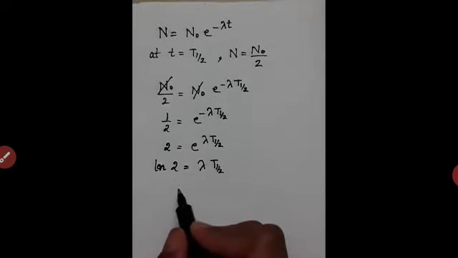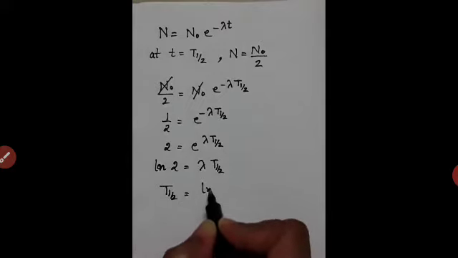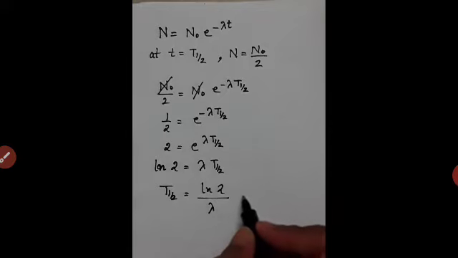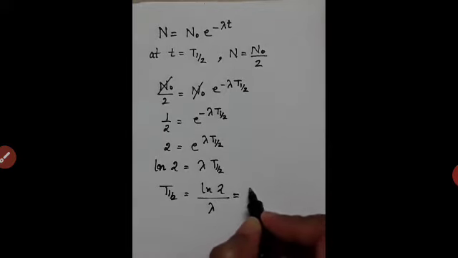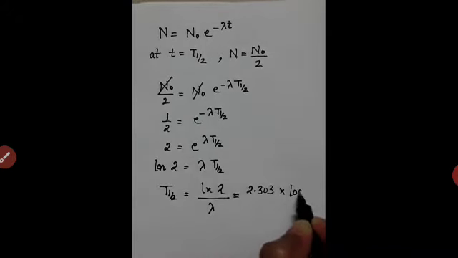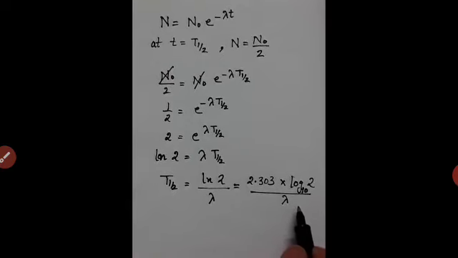This is the natural logarithm. This gives us T half equals log 2 upon lambda. This is a natural log. When we have to convert it into log to the base 10, we multiply it by 2.303 and this becomes log of 2 to the base 10. The value of log of 2 to the base 10 is obtained from the log table.